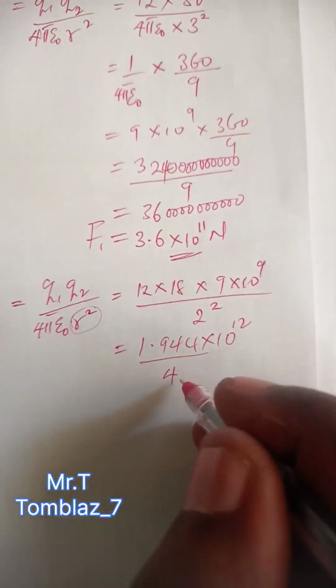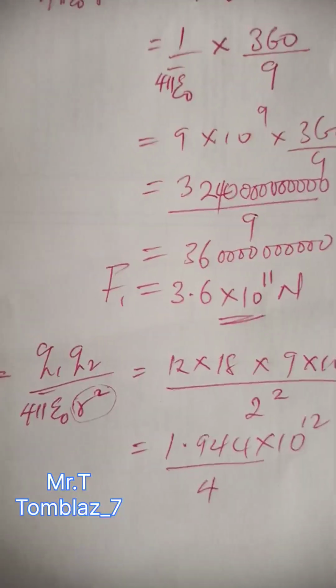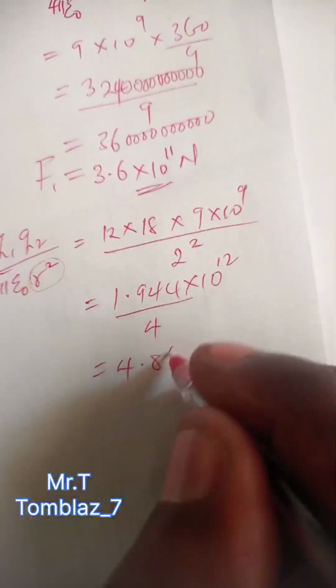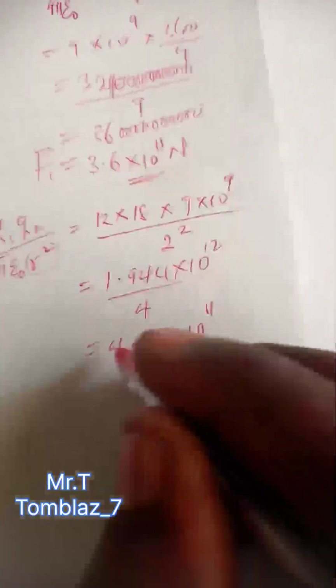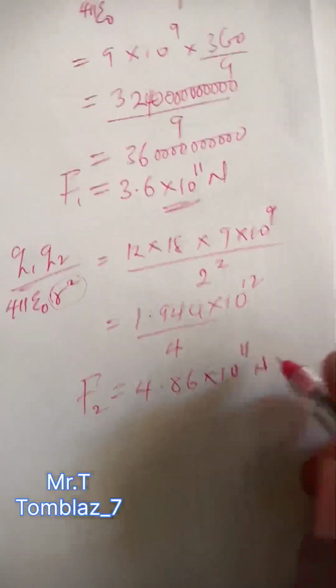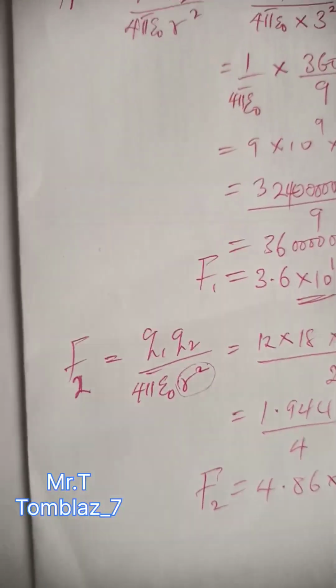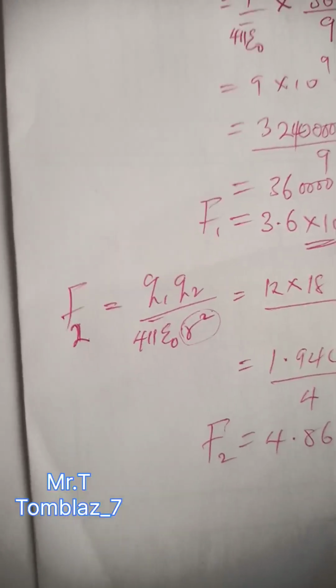Then we are dividing it by 4 because 2 square is 4. So it's going to give us 4.86 times 10 raised to power 11. Since this is force, it is in Newton.